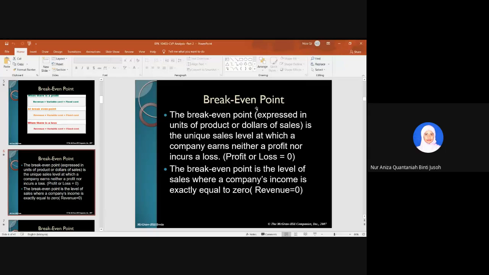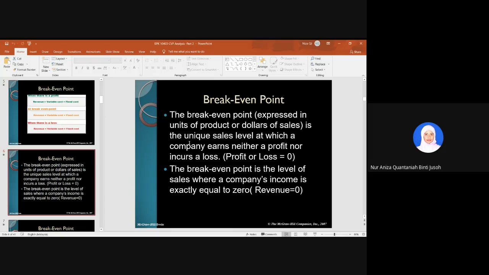So the break-even point can be expressed in units of products or dollars of sales. You can express it in volume, or quantity, or you can express the break-even point in dollars.